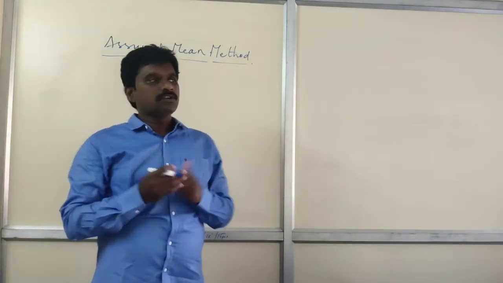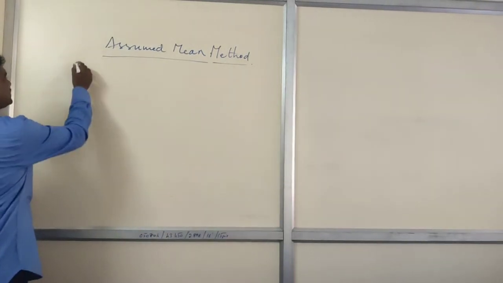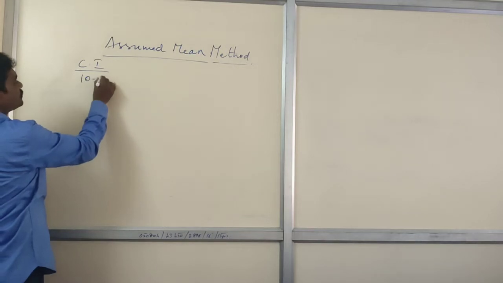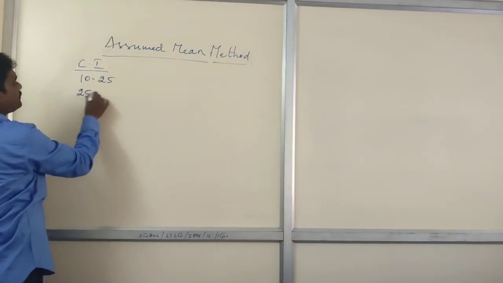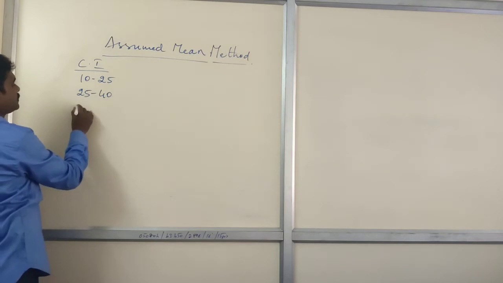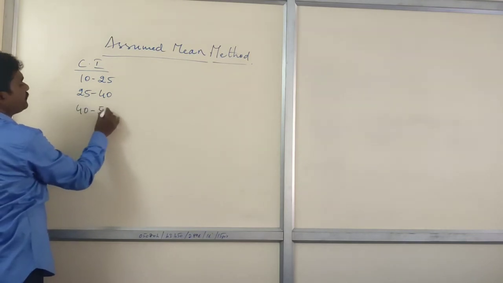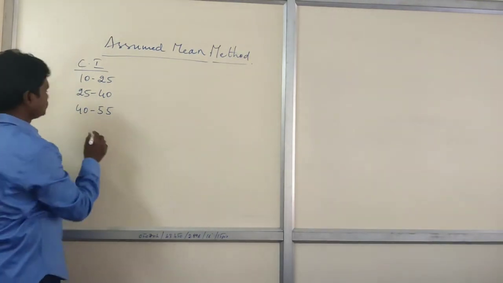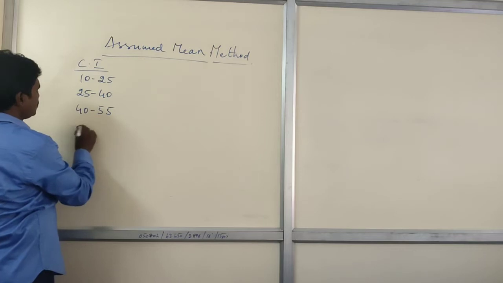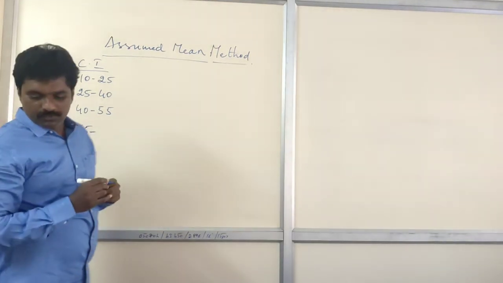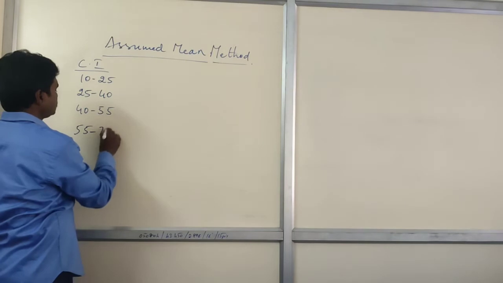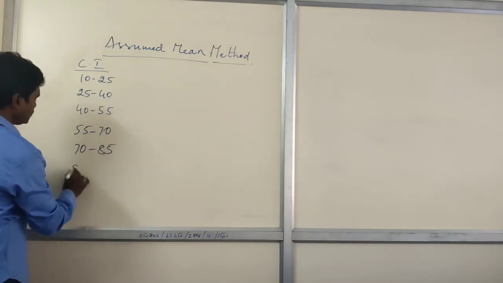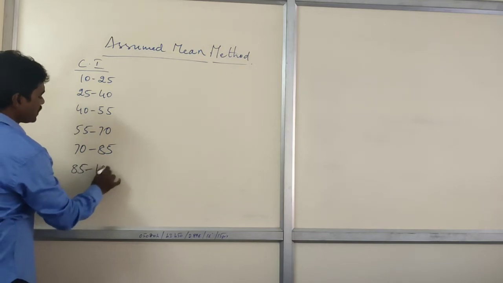Now here I am taking an example of class intervals 10 to 25, 25 to 40, 40 to 55, 55 to 70, 70 to 85, 85 to 100.